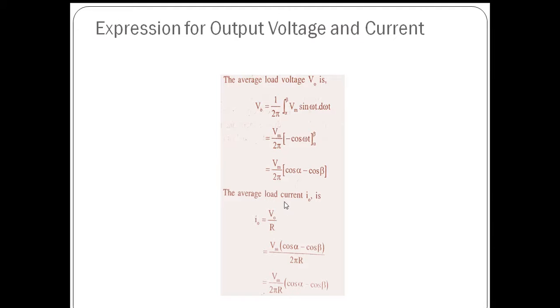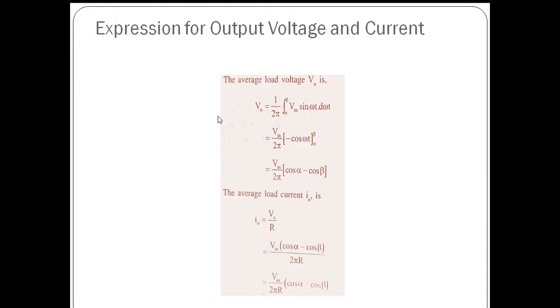If we integrate the expression, we get V naught equal to Vm by 2 pi times cos alpha minus cos beta, and I naught is given as V naught by R. These are the expressions for output voltage and current for a single phase half wave controlled converter with an RL load.